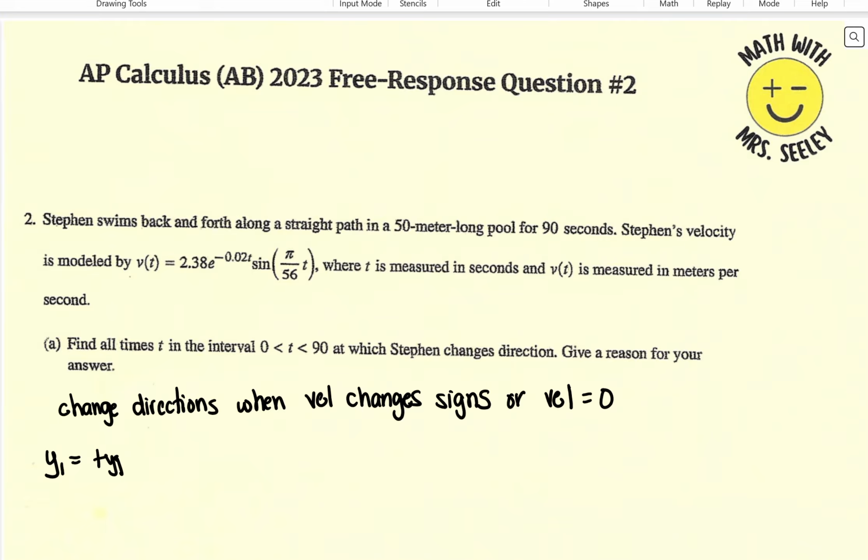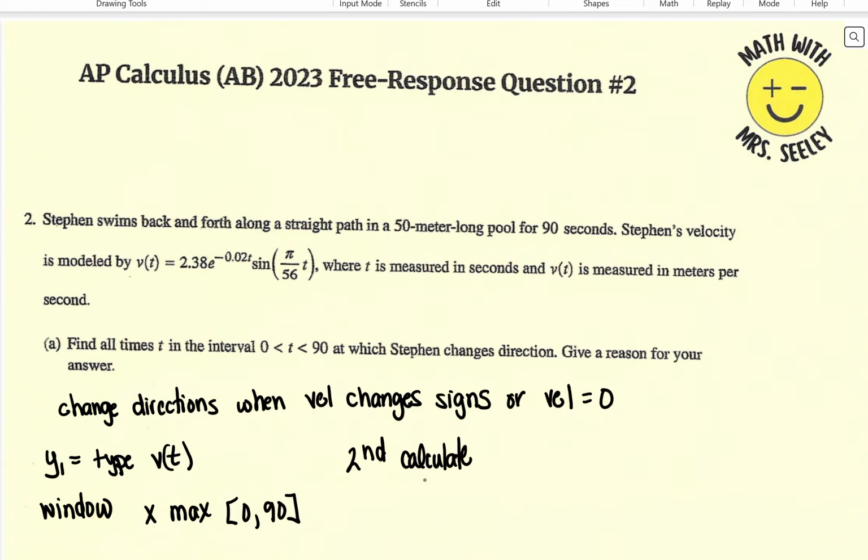So you're going to type in your velocity function. You're going to need to fix your window. So we need to be able to see that x max from 0 to 90. So go in and kind of fix that. And then you go to second, calculate.